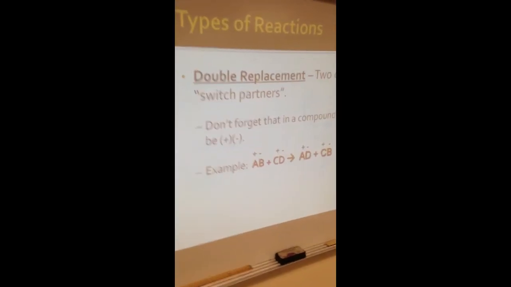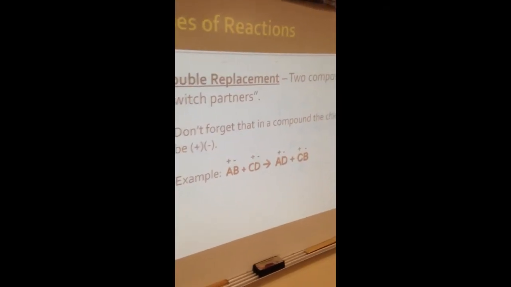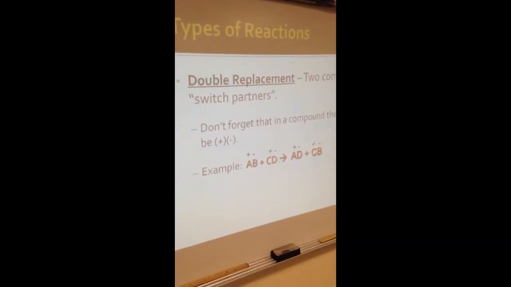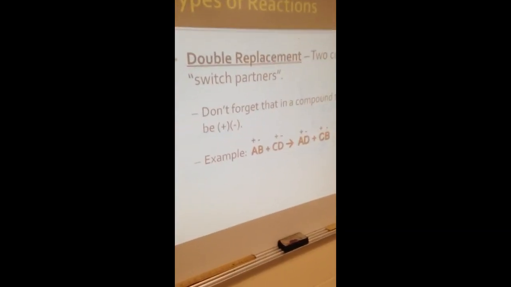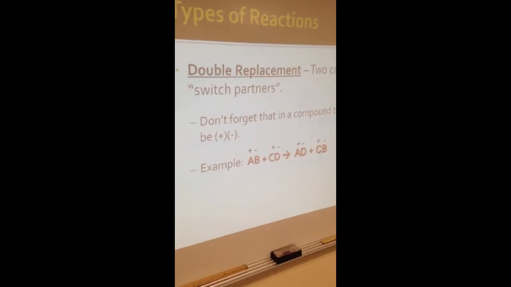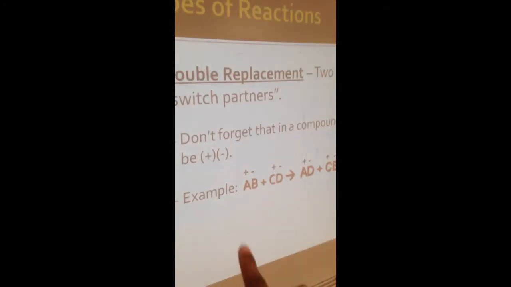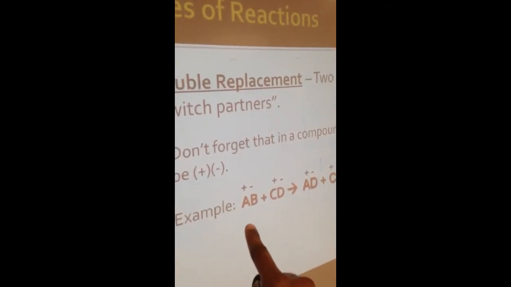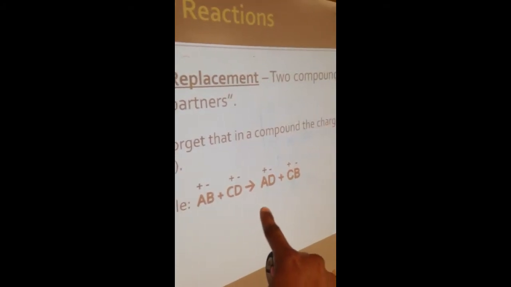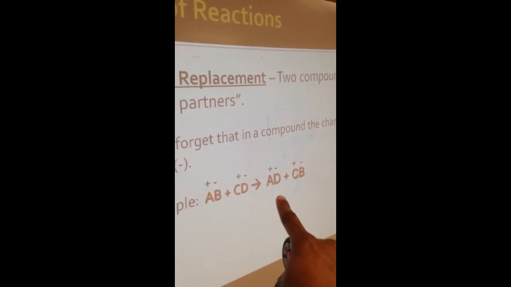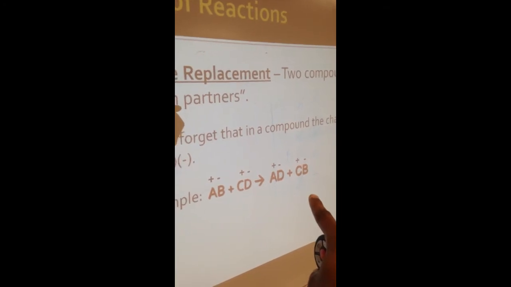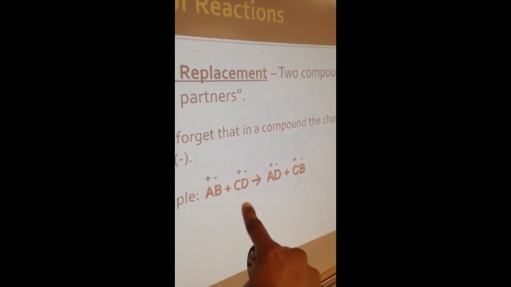One of the other types of reactions is called double replacement. This is when two compounds switch partners. I like to call this the do-si-do problem because when you do a do-si-do, when you do a country line dance, you kind of switch partners. So as you see here, A is with B, and then C is with D. But when you look on the product side, A is now with D, and C is with B. So it still has to be a positive-negative combination.